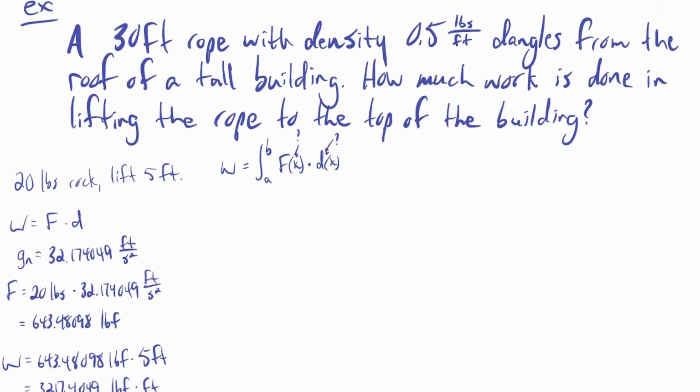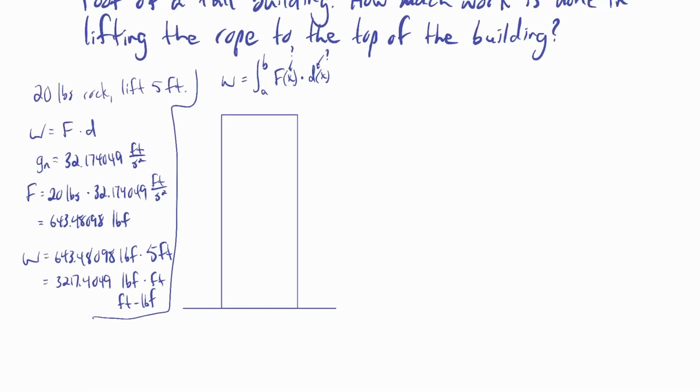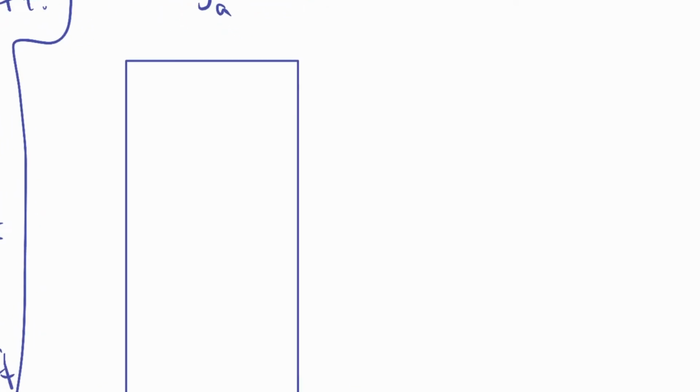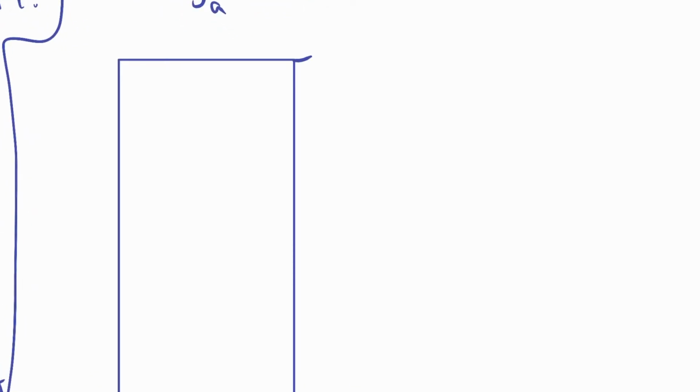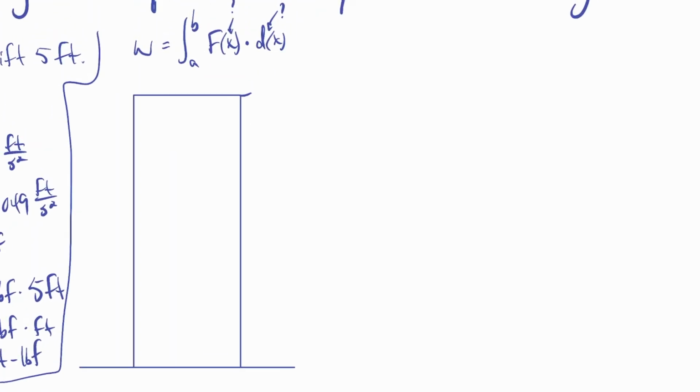Okay, so let's draw a diagram to represent this. I'm going to have something for the rope to dangle from, and I'll represent the rope. Again, this bit up here doesn't have to travel as far as this bit down here. This bit has to move all the way up here, the 30 feet.